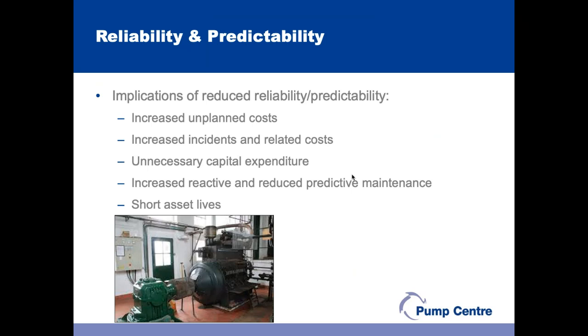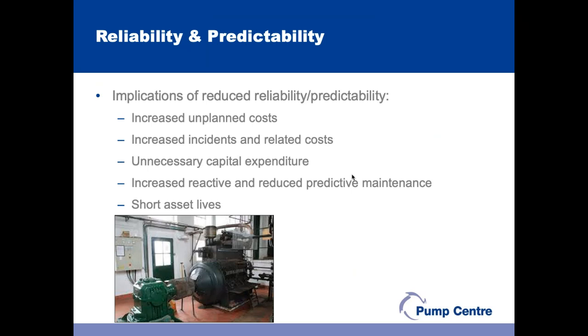There can be a premium to pay to get people in at short notice, or a premium to pay to get spares on short deliveries. So poor reliability and predictability can increase costs. They can also increase incidents, which also have a financial side, of course, but incidents on the clean water side can be customers going without water.